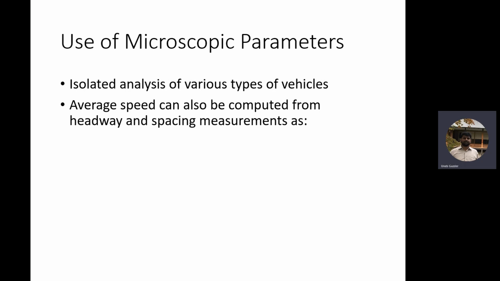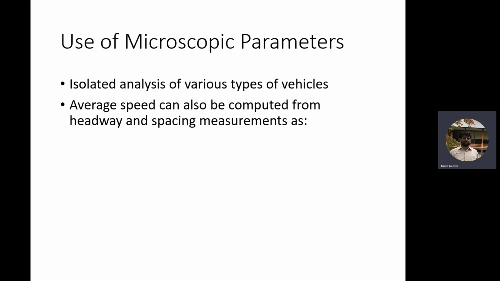Another use is one which you will not look at, but it is already included. You remember I showed you some graphs about how the speed of the trucks goes down when you are on the slope, on the gradient. For those graphs, they must have studied the trucks only, right? In some cases, we study only the cars. In some cases, we only study the bikes and so on.